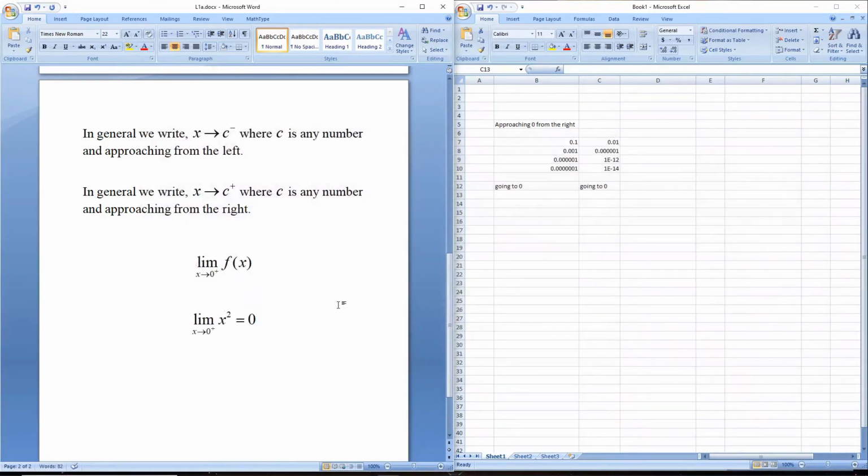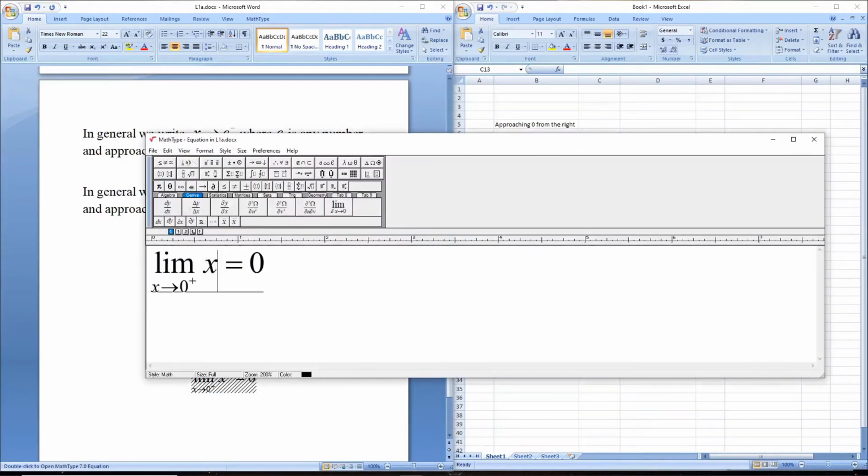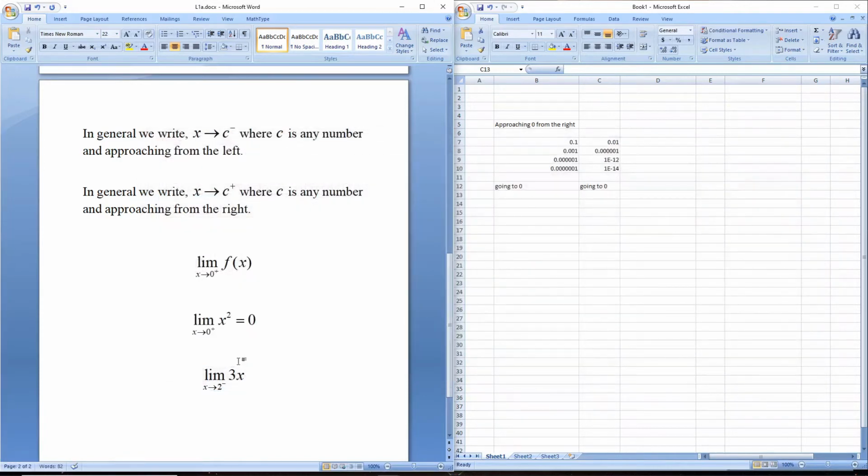Let's try another one. How about 3x? And let's approach 2 from the left. So we have our function 3x, and we want to find the limit as x approaches 2 from the left.